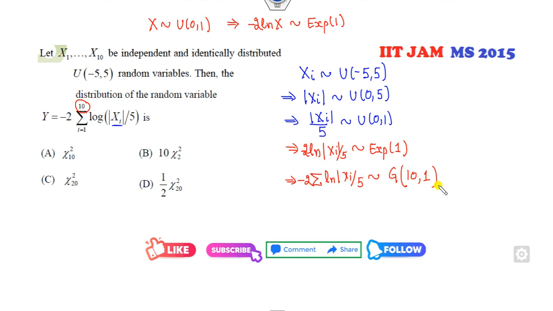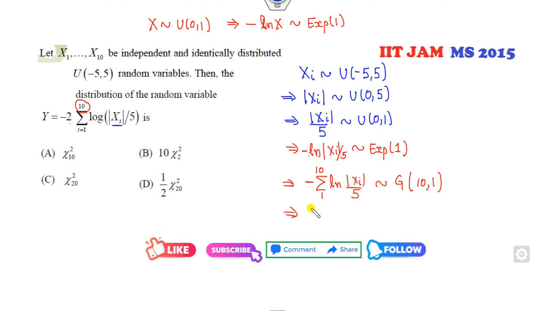Now your target is to write this quantity in the, you can convert the gamma function into the, sorry, it is not a 2, it's a single x. Fine. So I can make them as summation of ln xi over 5 will follow the gamma distribution with the, what is the n, n is 10. So 10, 1. Now you need a 2.